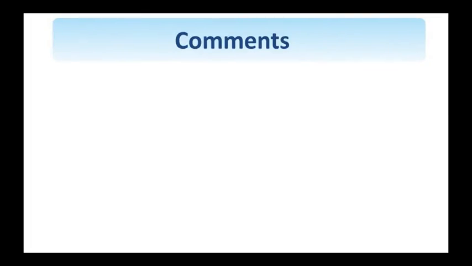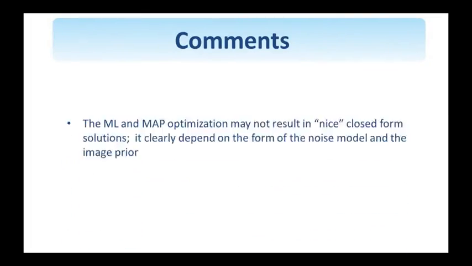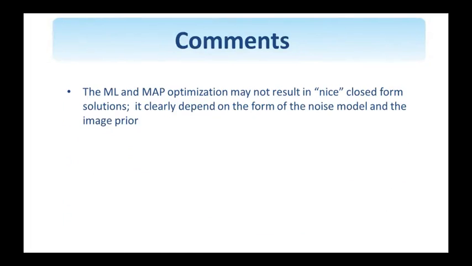I would like to make a few comments based on what we have seen. In the previous few slides, we saw that the result of the maximum likelihood and MAP estimation resulted in some nice closed-form solutions. This clearly may not be the case and simply depends on the noise model and the image prior we use. So, depending on these choices, we may have to address some challenging optimization problems which are outside the scope of what we are doing here.